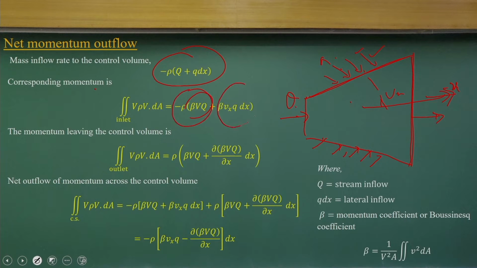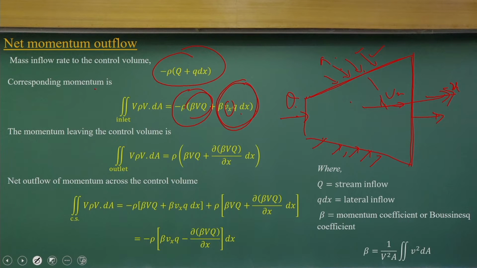Here we have used the momentum flux components because the Q discharge coming in is making a Vx component along the x direction. So here we are considering this Vx, the lateral velocity x component, into q into dx. So this is the momentum flux due to the lateral flow, which is not coming along the Q direction.